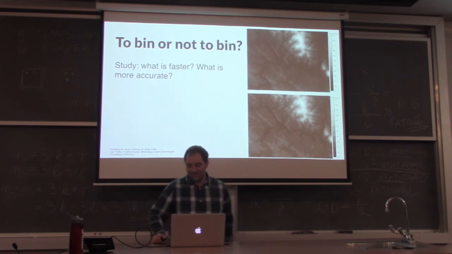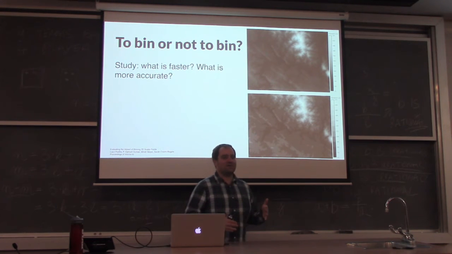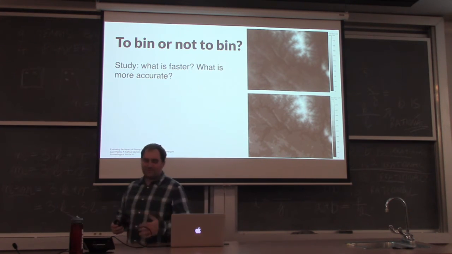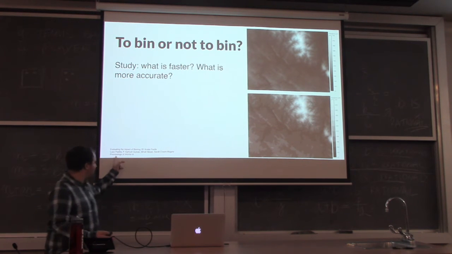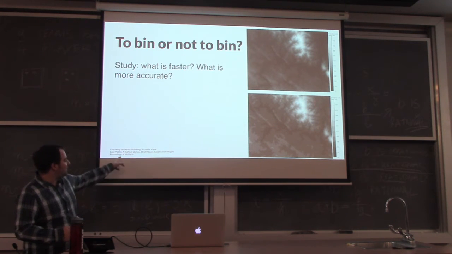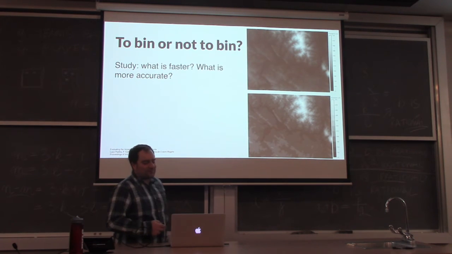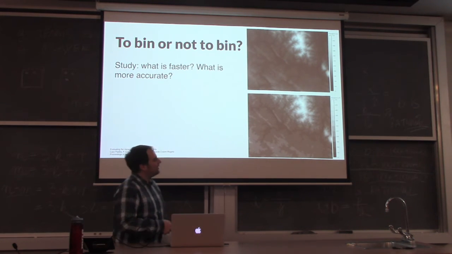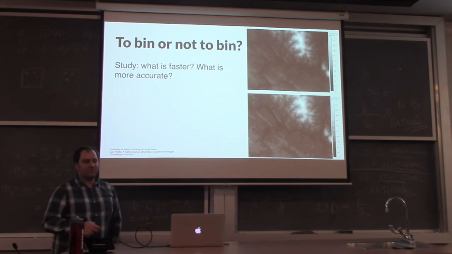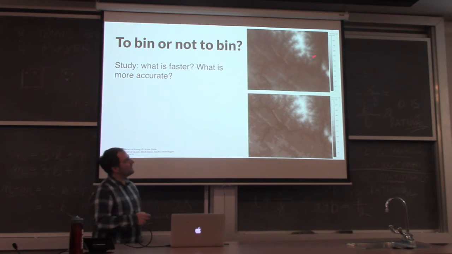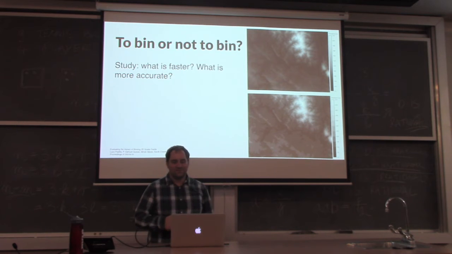But in this case, if you only look at the raw perceptual study, and this was actually a study done in our group by Sam Quinnan and his colleagues. Cartographers usually say this is faster to perceive, and visualization researchers usually say this is more precise.